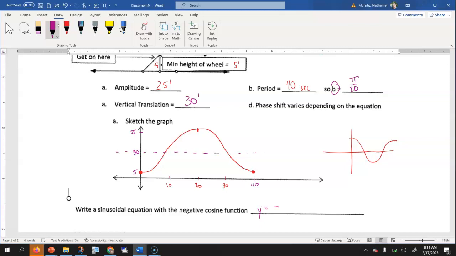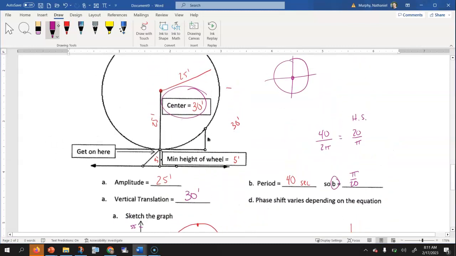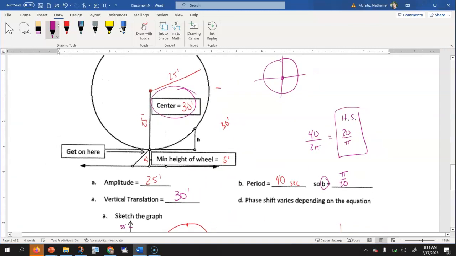And the amplitude is 25 feet, so our vertical stretch is 25. Again, we're basing this on the cosine function. Remember, we already found out our value for b is pi over 20, so look back at what we just did here.